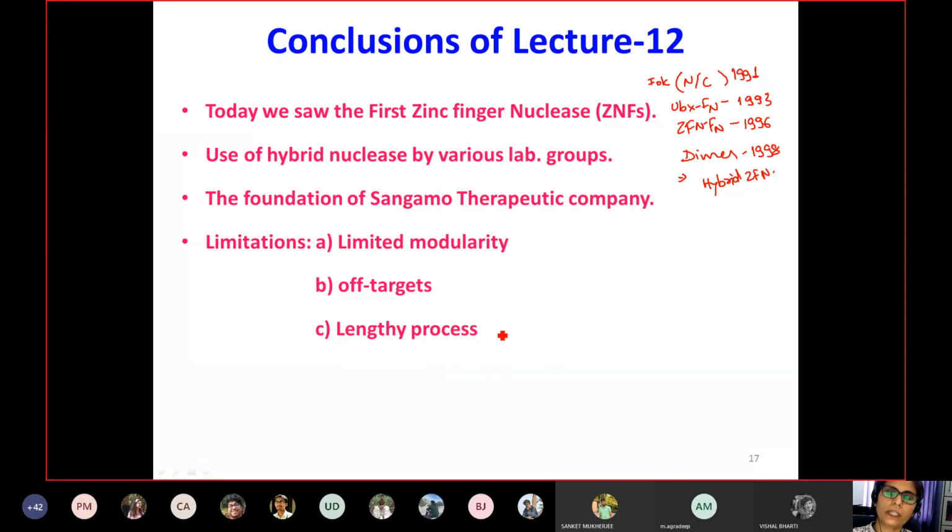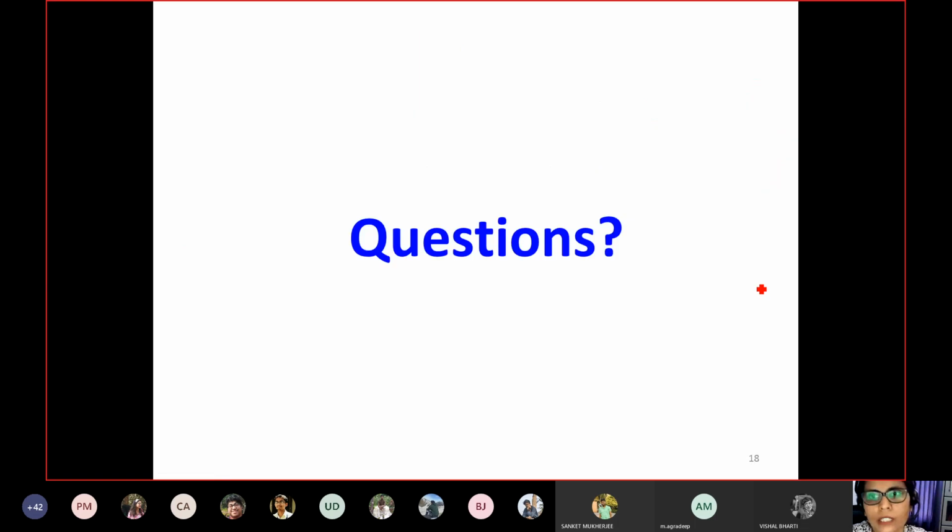So basically independent labs used to order these kinds of hybrid nucleases from Sangamo or some other biotech companies. So with this, I conclude today's lecture, and now it is open for a question and answer session. You can ask if you have any questions pertaining to today's lecture.